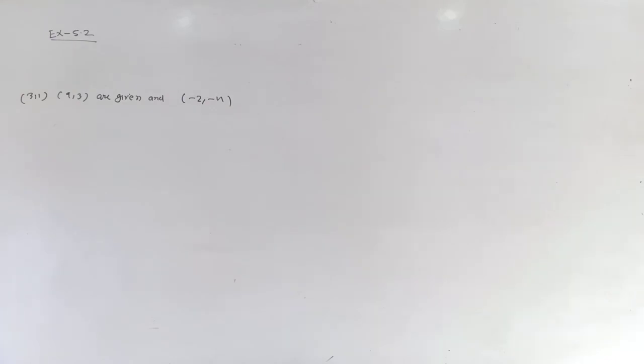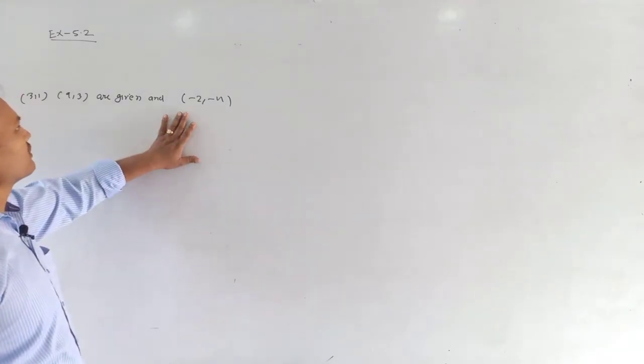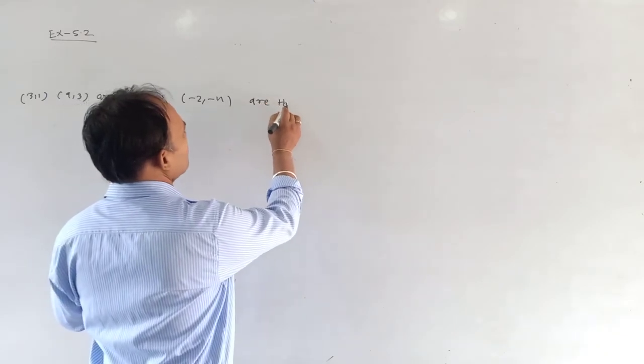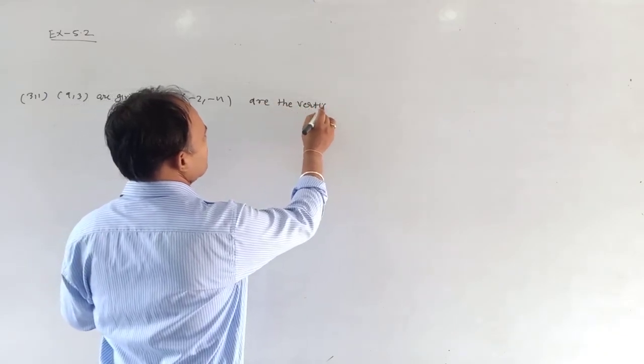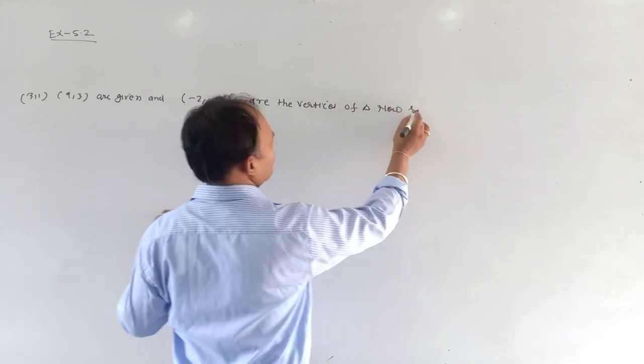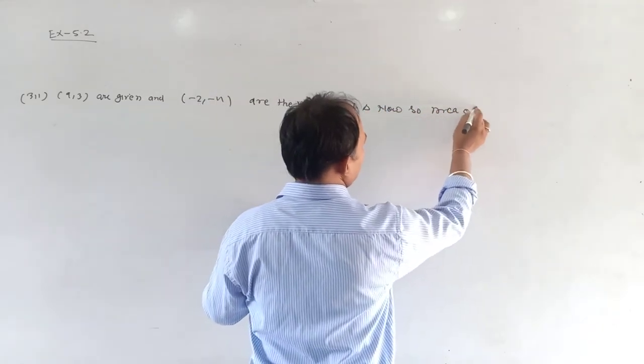So now we have to check the given points, and we also have to find the area of the triangle whose points are minus 2 comma 4, 3 comma 1, 9 comma 3, which are the vertices of the triangle.